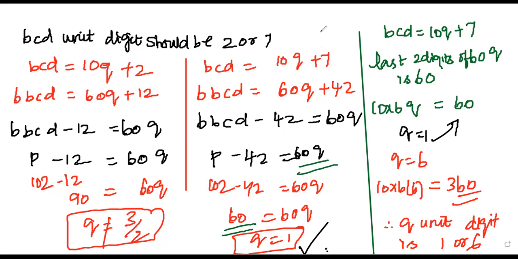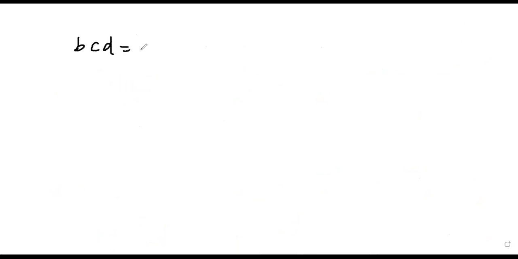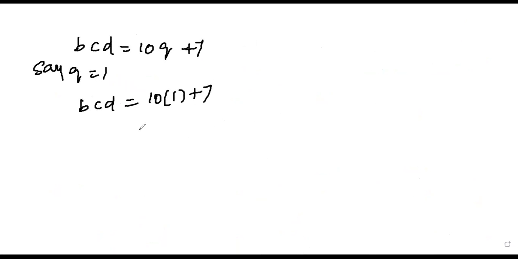Now you're going to substitute this 1 or 6 over here. So BCD is equal to 10Q plus 7. Say Q equal to 1, you will have BCD is equal to 17. Okay. Substitute Q as 6.